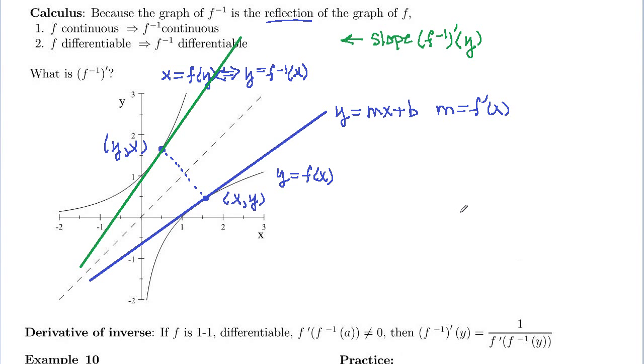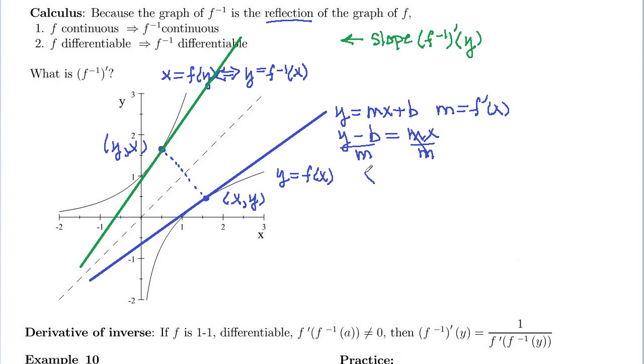Well, let's use properties of inverses to actually find that slope. So let's go ahead and find the inverse function here. So we want to solve, we're not going to switch x and y, we're going to write x in terms of y, because that's what I've written over here. So we're going to skip that first step, but we're going to solve for x in terms of y. So bring the b over as a negative, so y minus b is equal to mx, and then divide both sides by m.